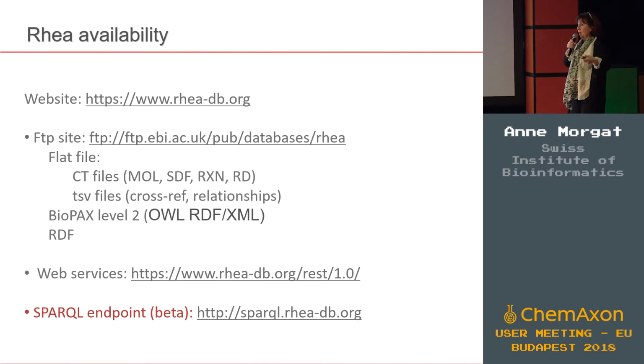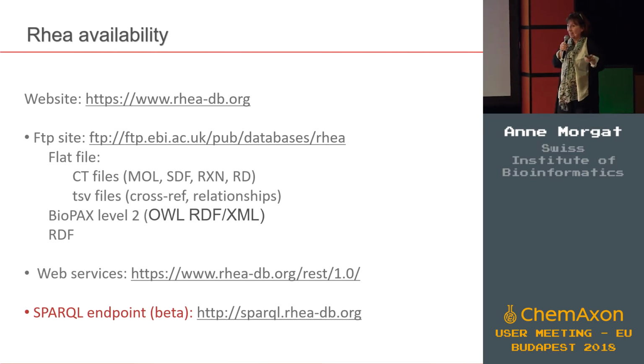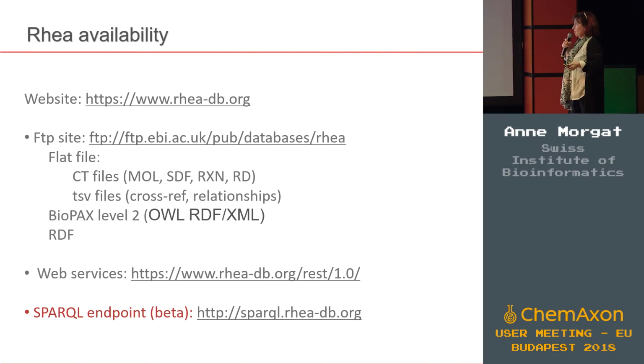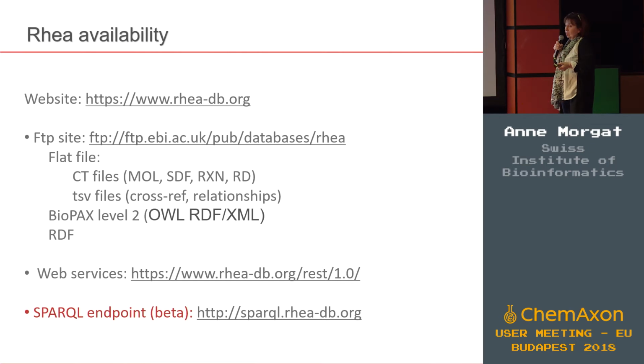The reactions are exported in RXN or RD format. We do not yet provide RNG, as we saw yesterday with the presentation. We also provide some TSV files to distribute the cross-references and the relationships between the reactions.